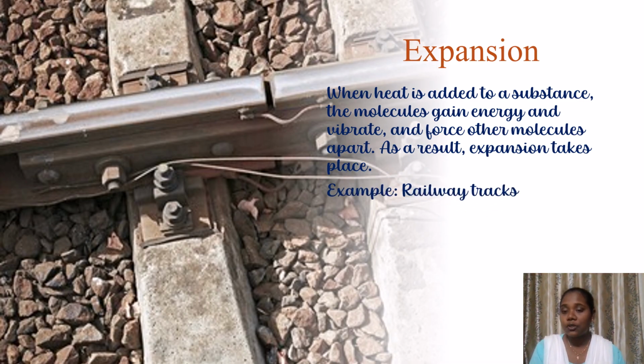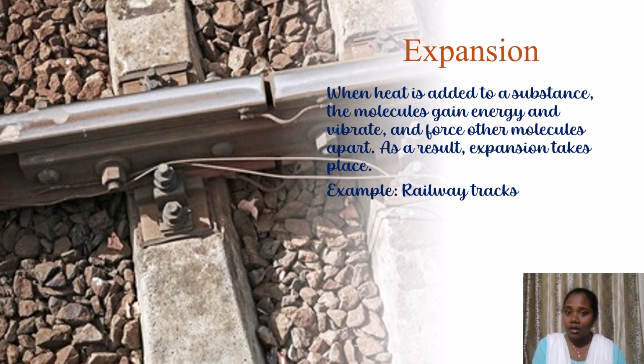The best and most appropriate example is the railway tracks. As you travel by train, you can observe the railway track has certain gaps in between them. Have you all thought why? It is because of this phenomenon, expansion.